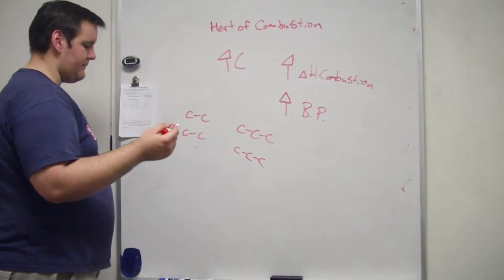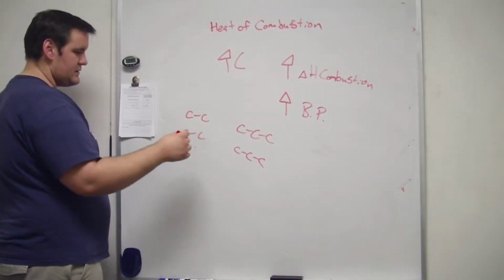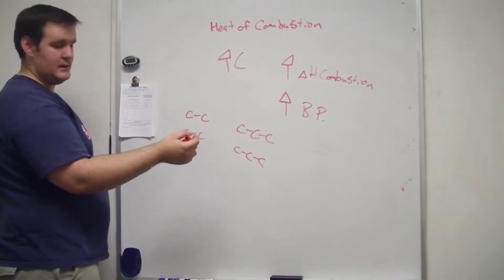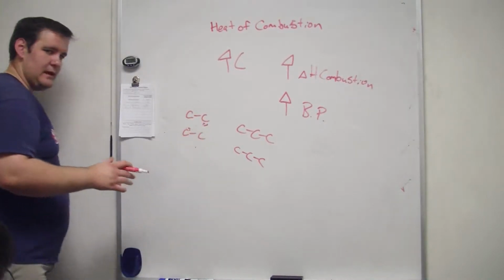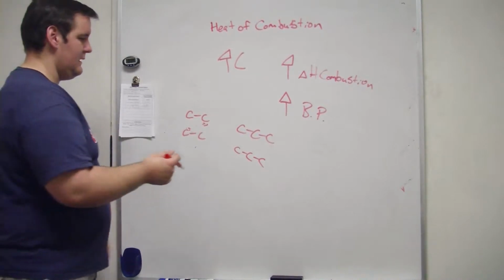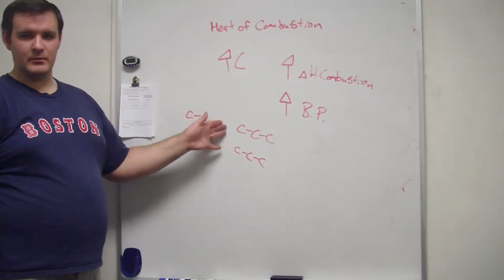If we remember dispersion forces, they are just the fact that you have electrons moving through our carbon chain, and some might randomly be on one side, more on the other. So there'll be a slight interaction there.